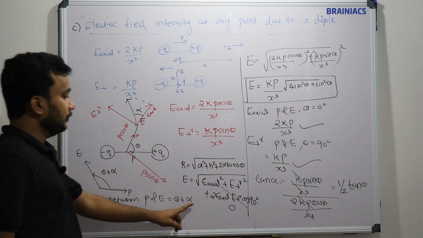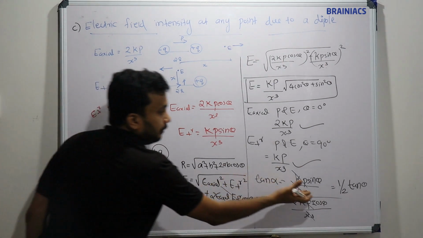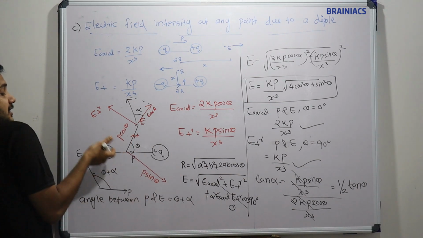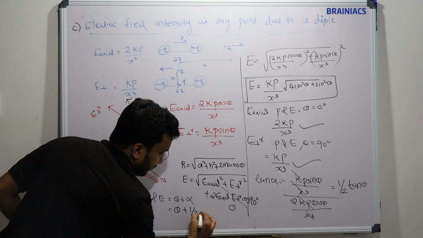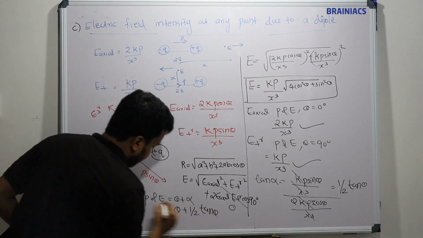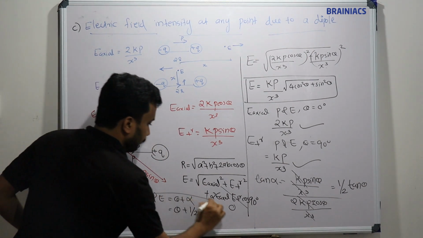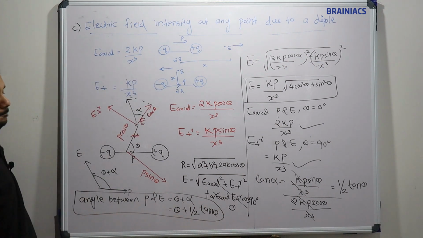Alpha value I want to find out. What is the alpha value? 1 by 2 tan theta. So theta is 45 degrees, and I can say the total angle is theta plus 1 by 2 tan theta. This is also very important to learn.